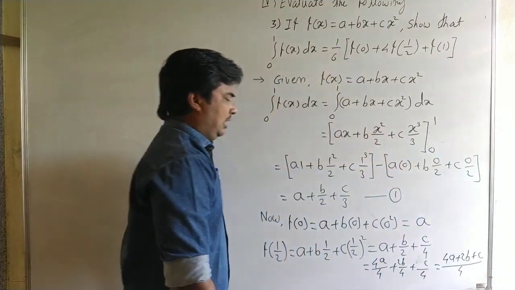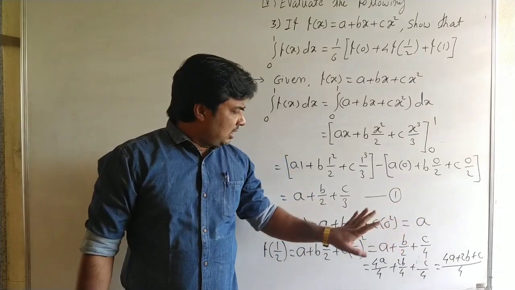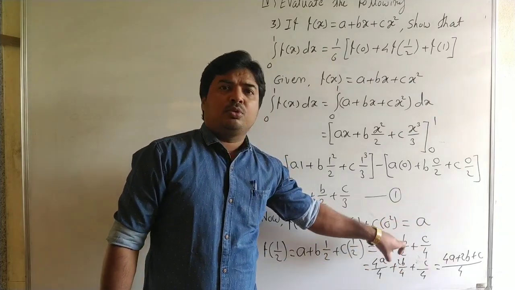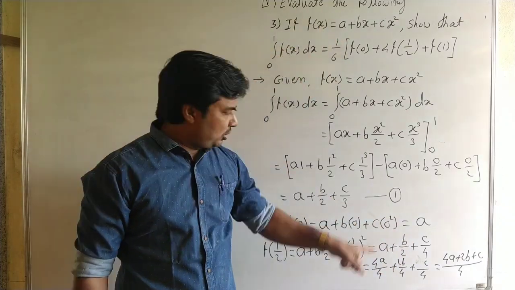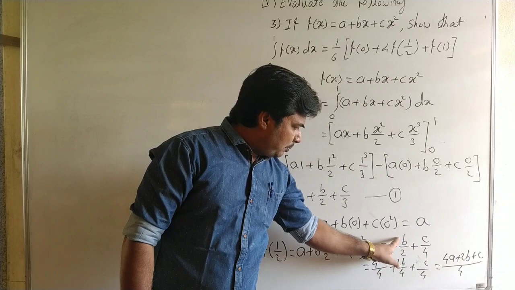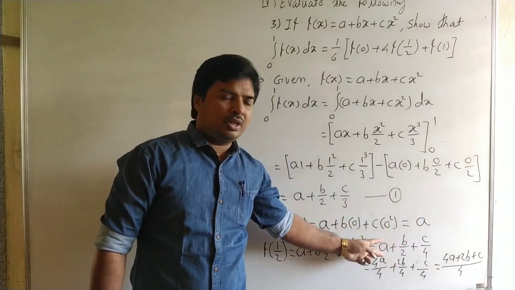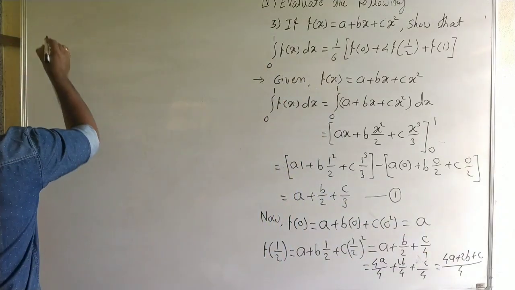Here it is not necessary to add the terms in this step, we can add in the last step also. Here a plus b by 2 plus c by 4, we can take as it is.